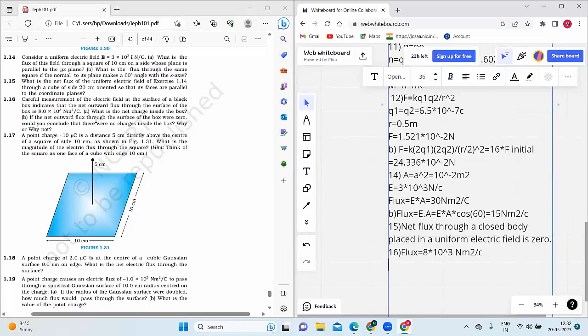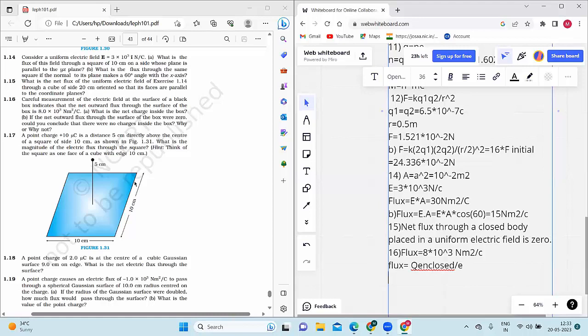As we know, flux equal to charge enclosed by epsilon naught.